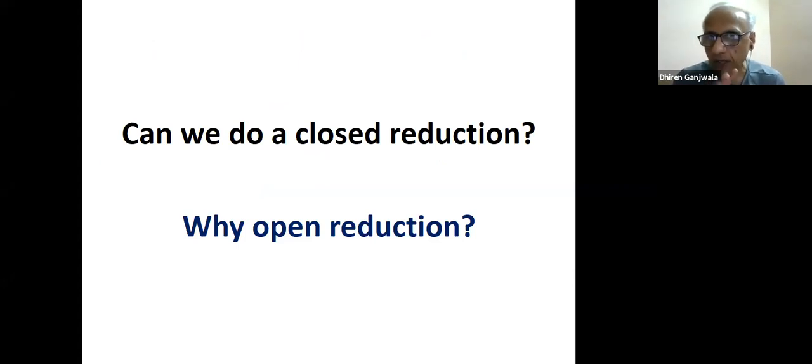I don't say that the close reduction is not a good option, because only last month we had one doctor from Japan and he showed us that even at this age we can carry out a close reduction. So I don't say that close reduction is not a valid option, but in India for your exam, I would say that at 5 years, please say that I will go for open reduction.